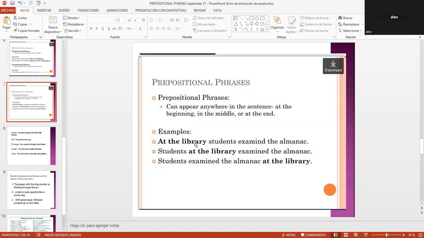At the library, students examined the almanac. But then I could say, students at the library examined the almanac, or students examined the almanac at the library. So you have this prepositional phrase, and it could be at the beginning, after the subject, or at the end of the sentence.